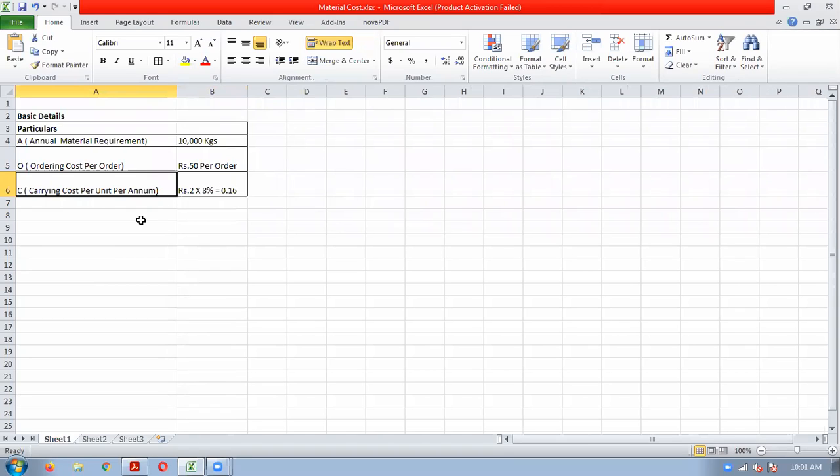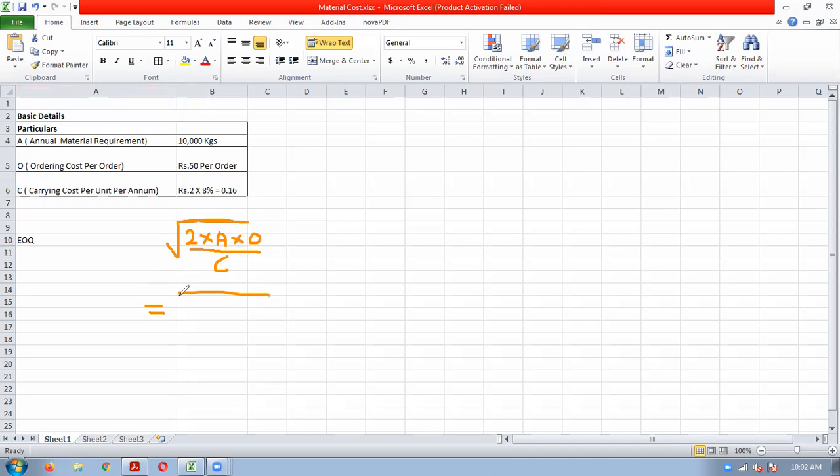So now we can use the EOQ formula. EOQ is square root of 2 into annual demand into ordering cost per order divided by carrying cost per unit per annum.